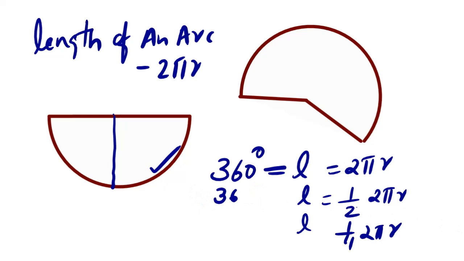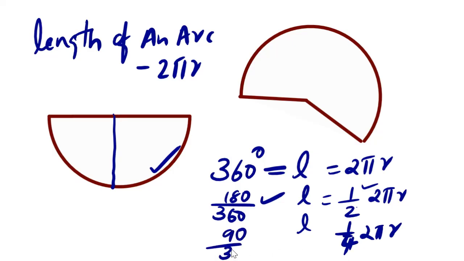In order to get half over here, we need 180 divided by 360. In order to get 1/4 here, 90 divided by 360. The same story like that of sector is repeating. So the formula also will be in the same way.